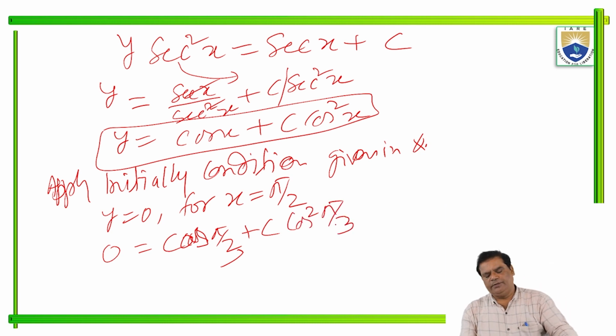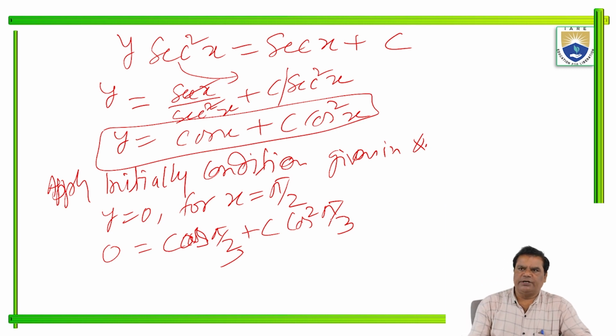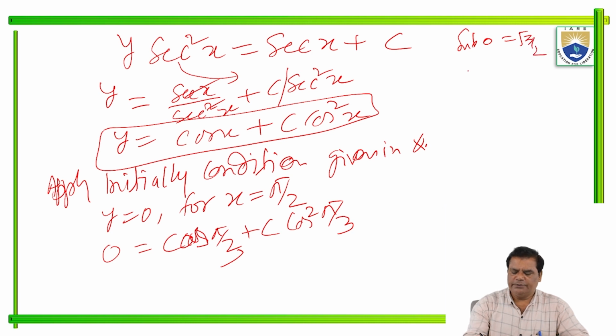Pi by 3 is 60 degrees. Sin 30 is half and cos 30 is root 3 by 2. Cos 60 is 1 by 2 and sin 60 is root 3 by 2.